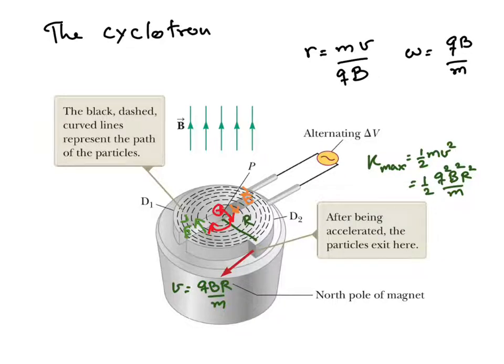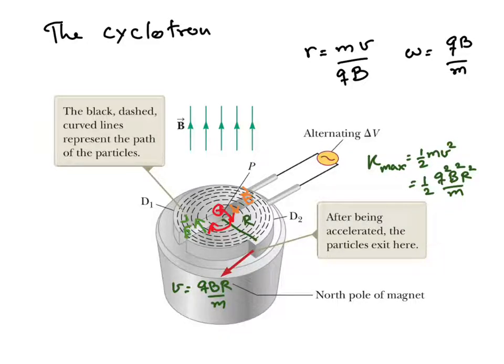So every time the charged particle moves to the gap, it will be accelerated and gain more and more energy. We can do this by adjusting the frequency of the alternating source to match the angular frequency due to the motion of the particle in the uniform magnetic field.